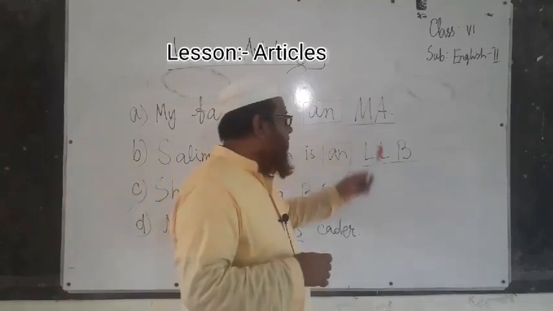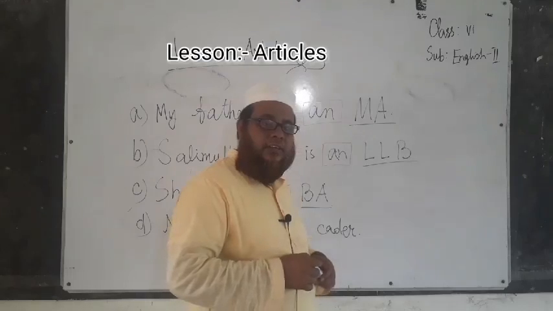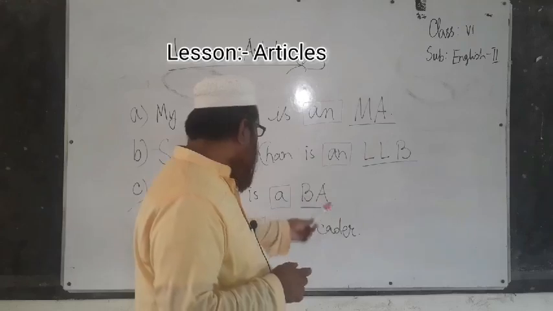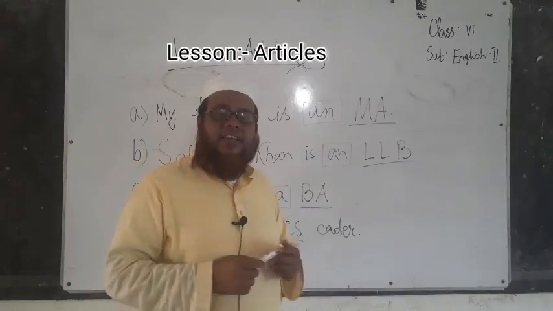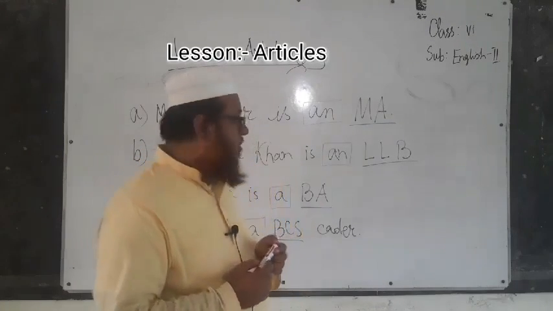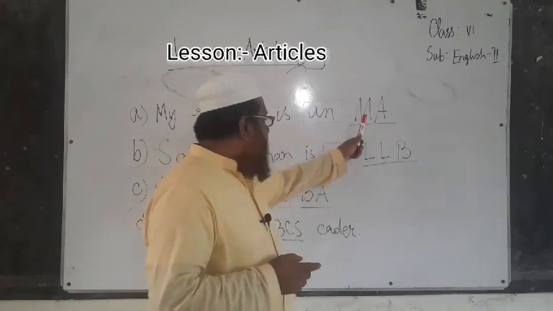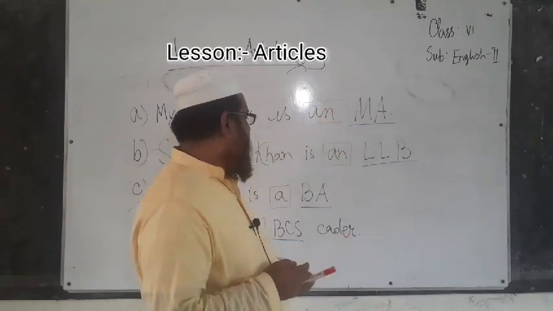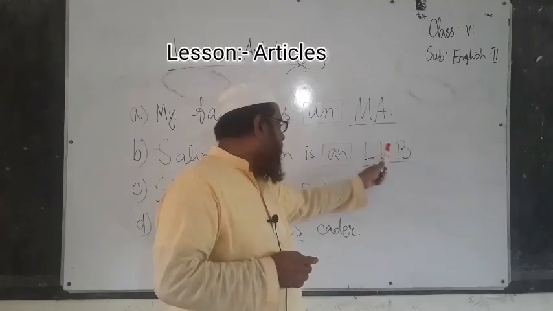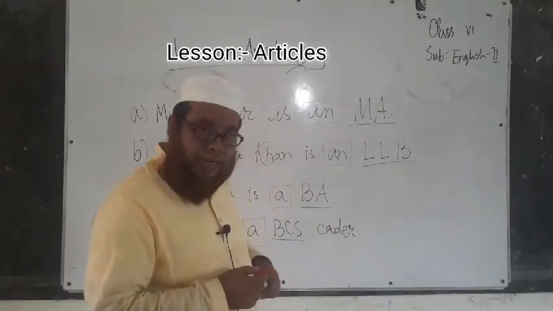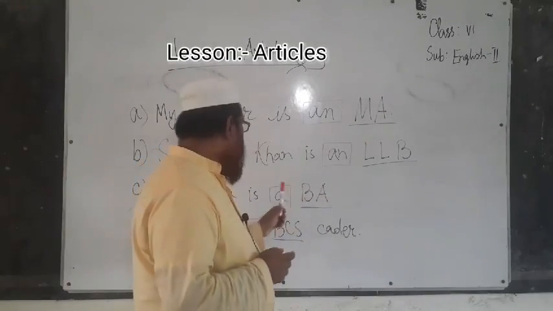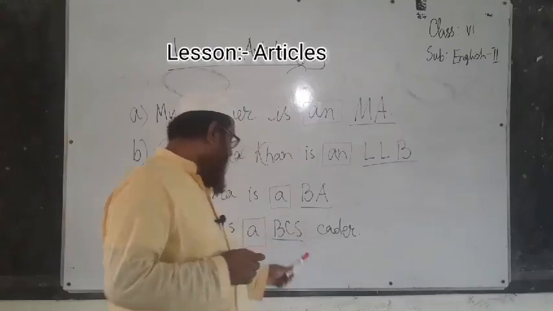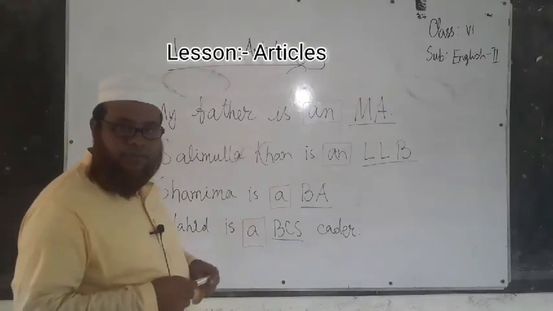Here, MA is an abbreviation, LLB, abbreviation, BA, abbreviation, BCS is also an abbreviation. Before MA, we use 'an'. Before the abbreviation LLB, we use 'an'. But before the abbreviation BA, we use 'a'. Before the abbreviation BCS, we use 'a'.